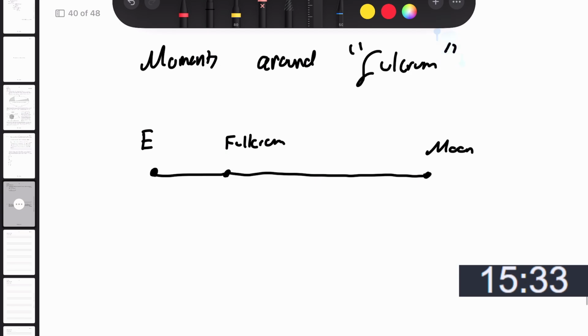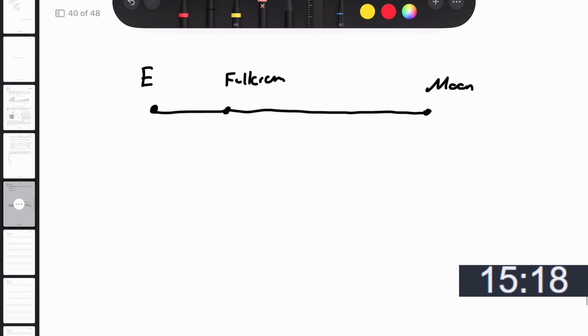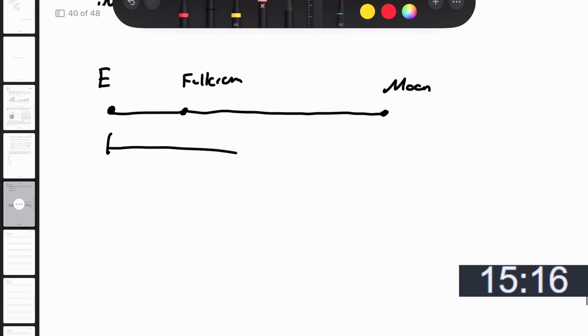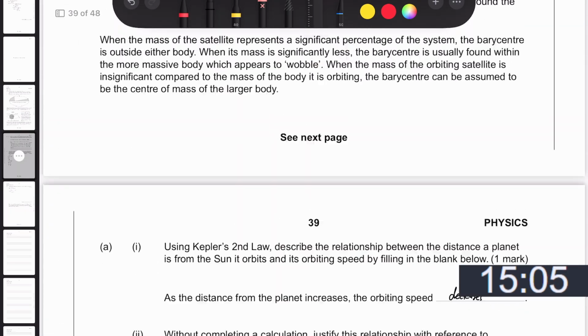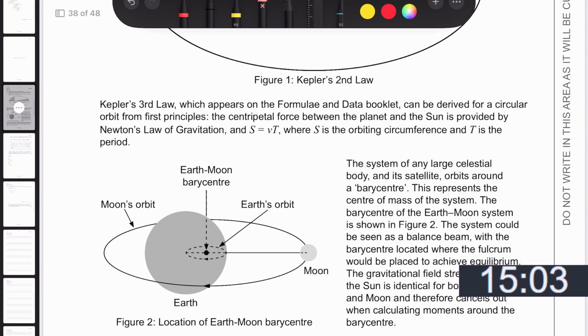Earth to the fulcrum, and the fulcrum to the center of the Moon. I think there's a mean Earth-Moon distance, is there? Yes, the Earth-Moon distance is 3.84 times 10 to the power of 8 meters.